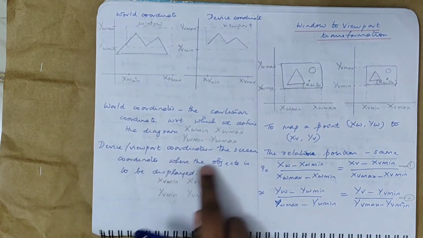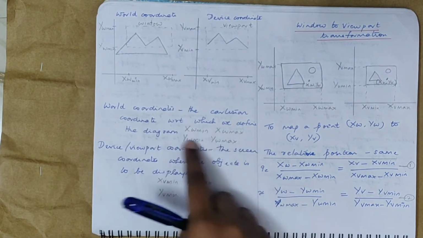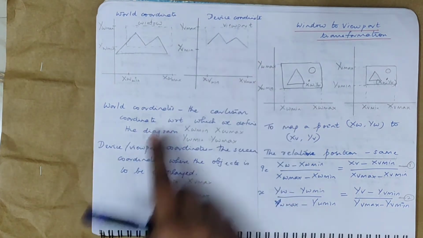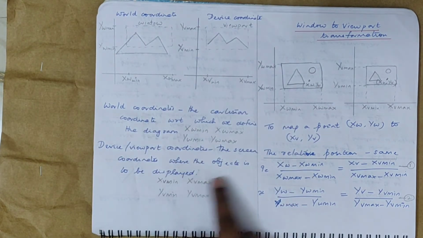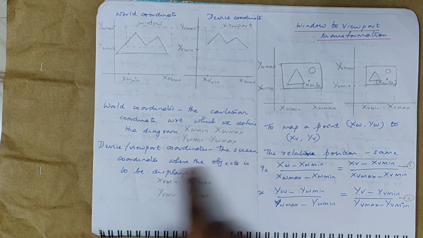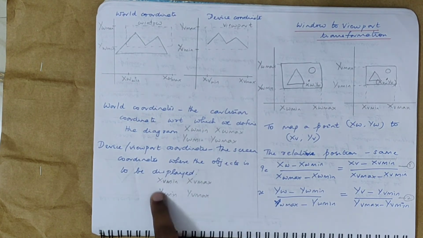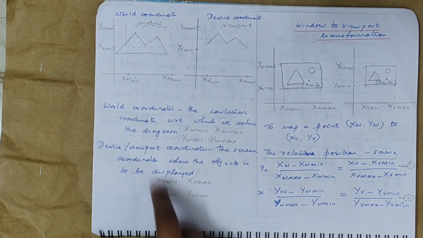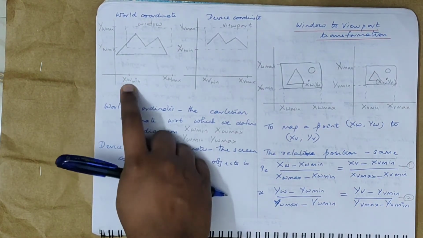We have these 4 coordinates which define the boundaries. Similarly, the device coordinate system or viewport coordinate system has the screen coordinates where the object is to be displayed, with these as the boundaries: xv min, xv max, yv min and yv max, v denoting viewport and w denoting the world coordinate system.